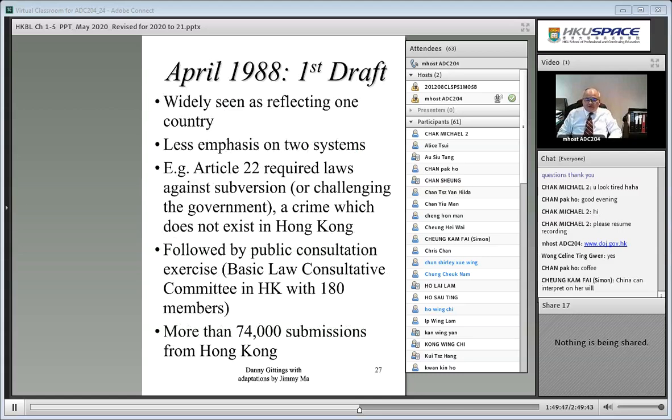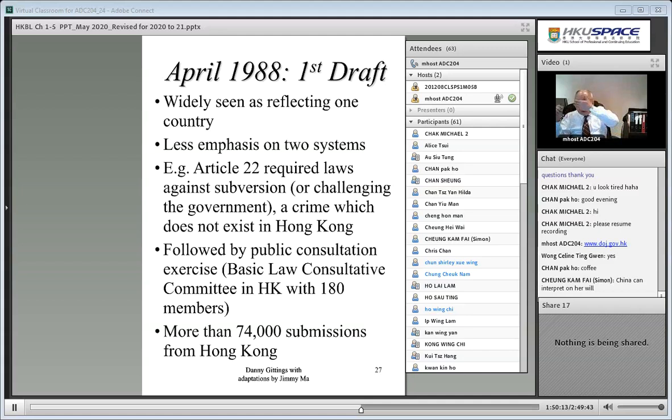The first draft, available April 1988, was widely seen as reflecting one country, not enough of the two systems. And Article 22 required laws against subversion, a crime which does not exist in Hong Kong. Now you will see eventually this Article 22 became Article 23.